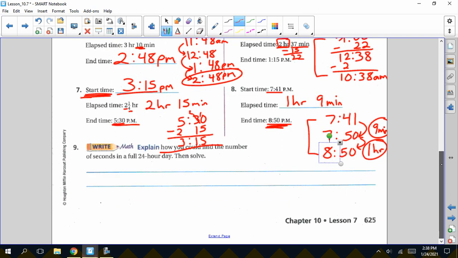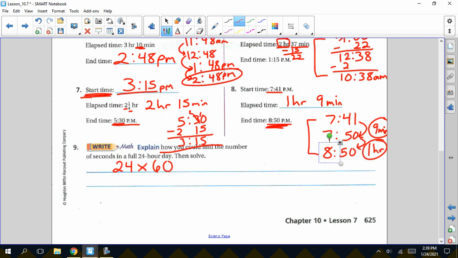Last thing here, just for some extra knowledge, explain how you could find the number of seconds in a full 24-hour day. Well, if we would take 24 hours, we could simply just multiply it by 60, because that's the number of minutes in an hour.